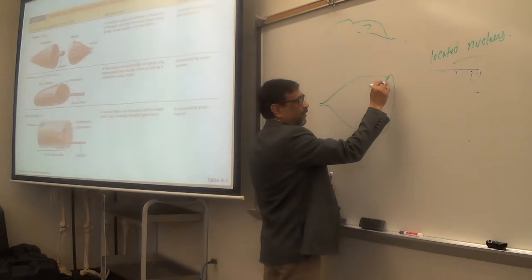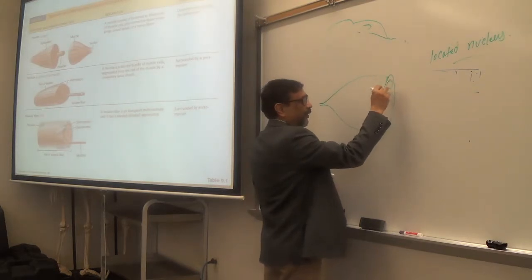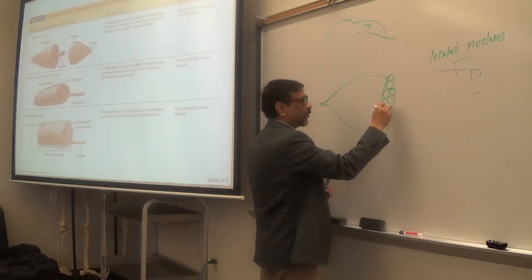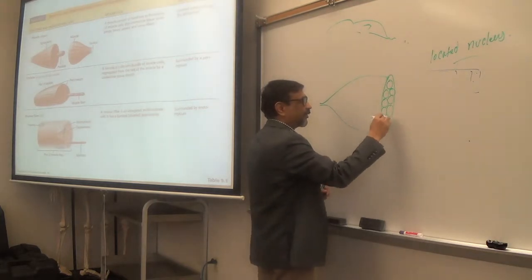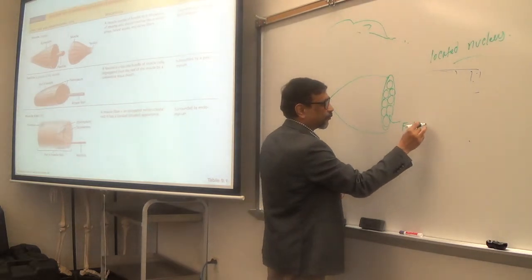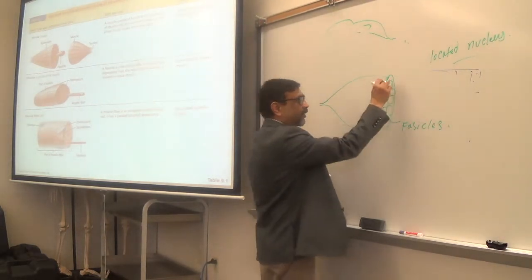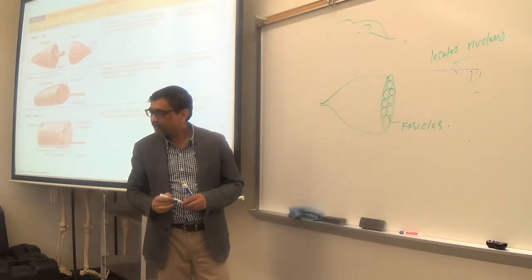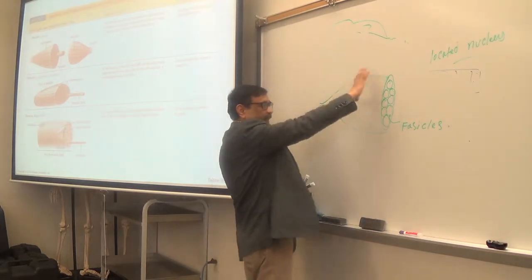Inside the muscle we have many round columnar structures. These are called fascicles. So these are fascicles inside the muscle. This is the whole muscle.